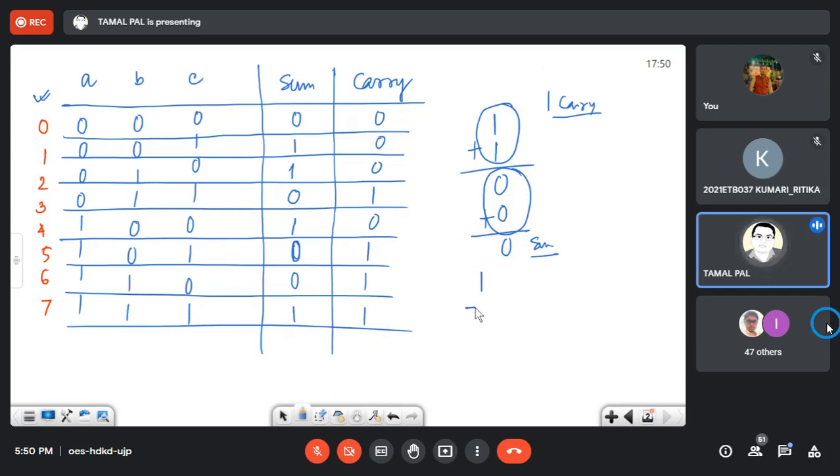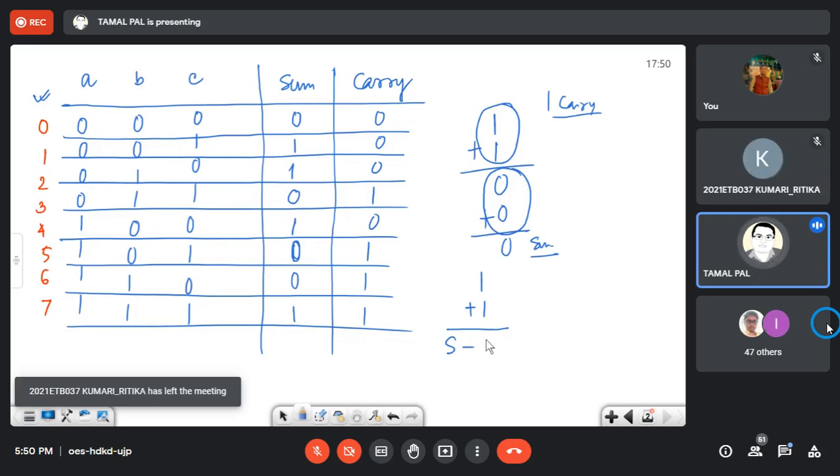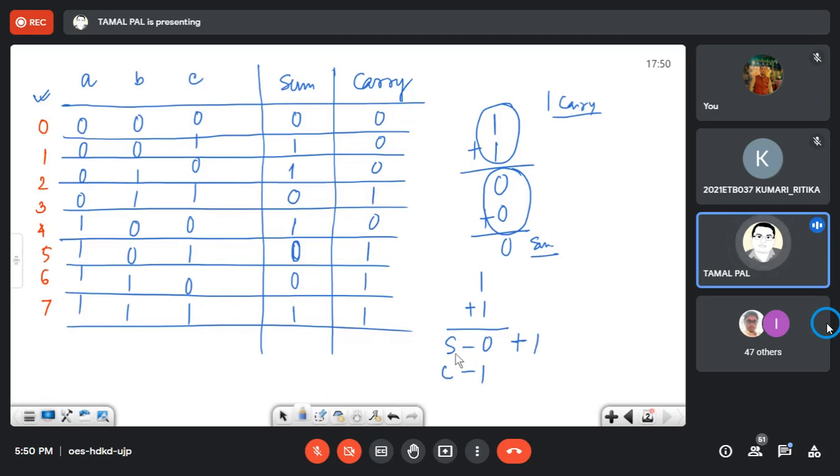Because 1 plus 1, if we do sum operation, sum is 0, carry is 1. Then if we do again plus 1, so that one should be added with this. So sum becomes 1 and carry becomes 1.